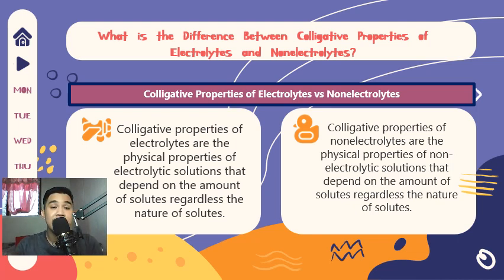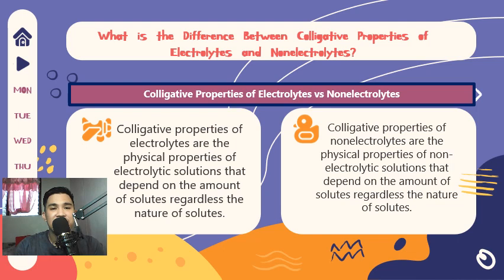The colligative properties of electrolytes are the physical properties of electrolytic solutions that depend on the amount of solutes regardless of the nature of solutes. While the colligative properties of non-electrolytes are the physical properties as well of non-electrolytic solutions that depend on the amount of solutes regardless of the nature of solutes.